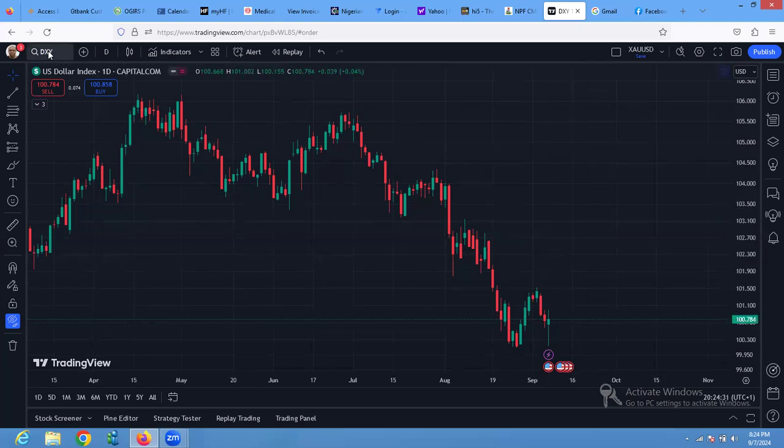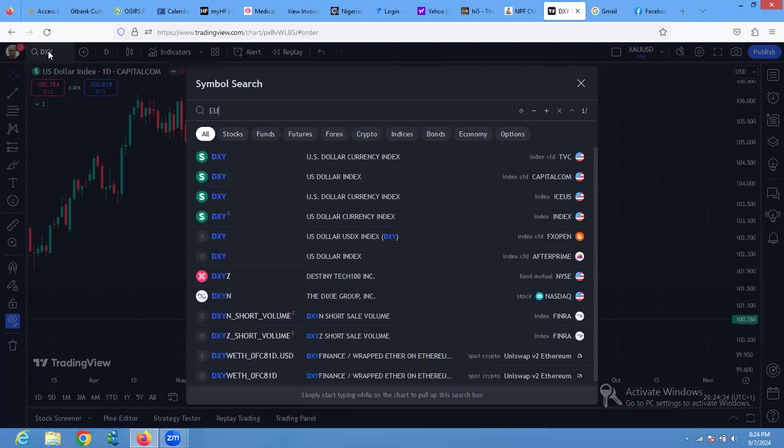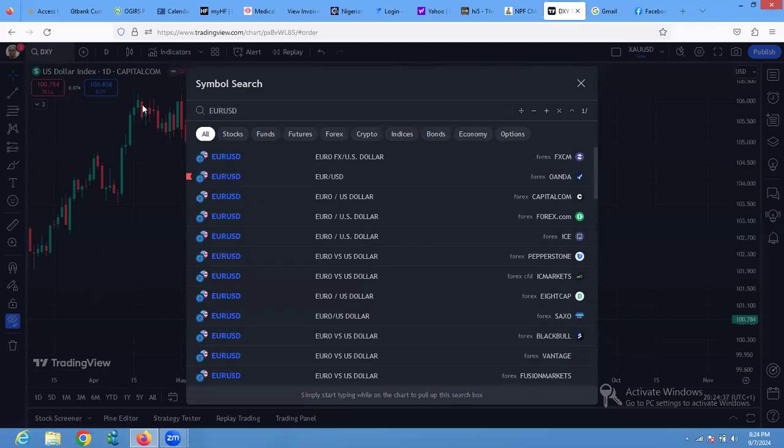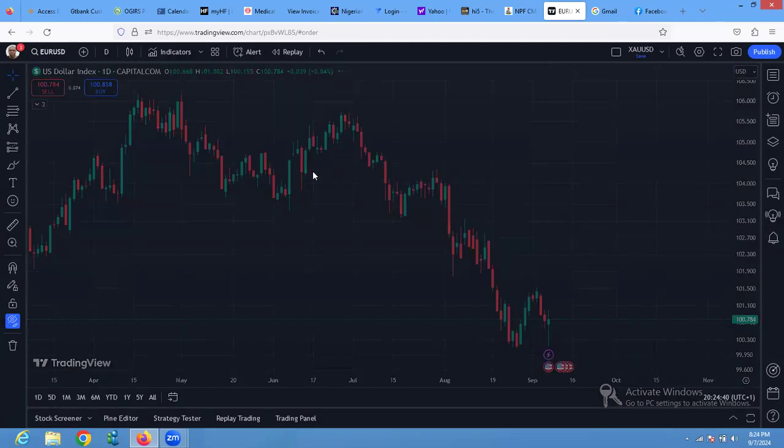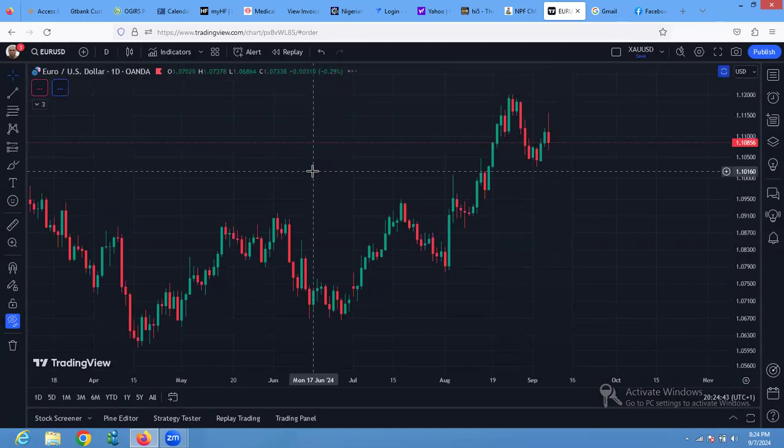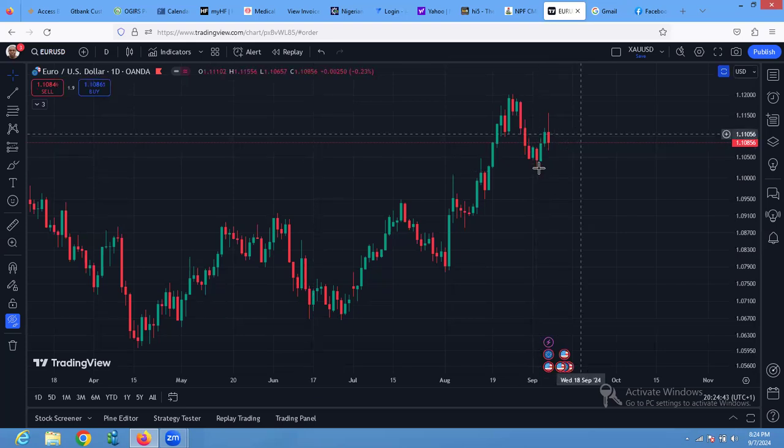So with that said, if we take that to the euro dollar, we are seeing this as an A structure.